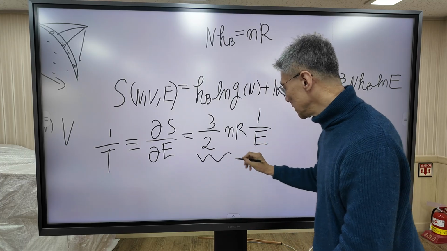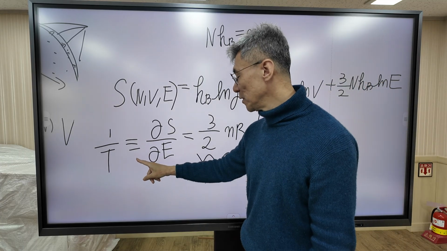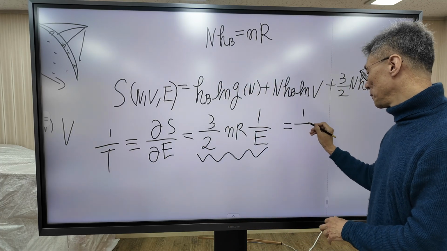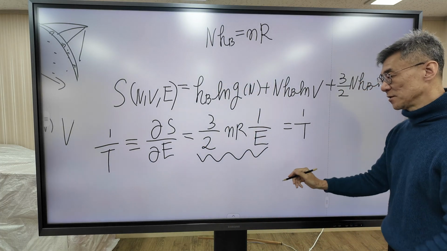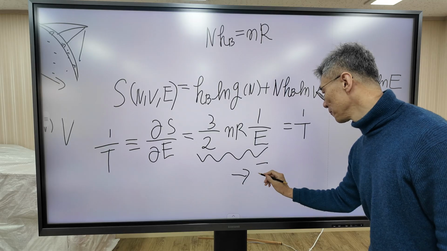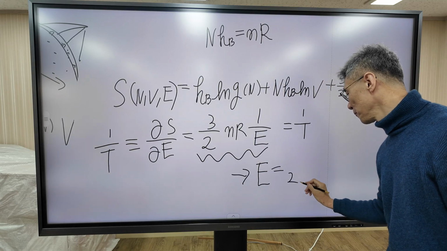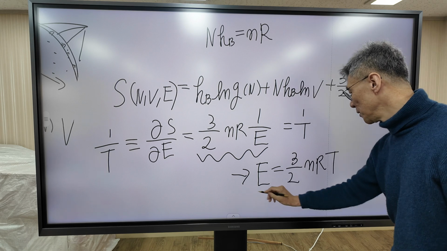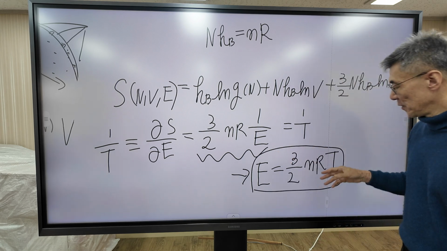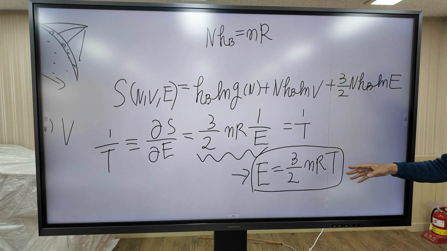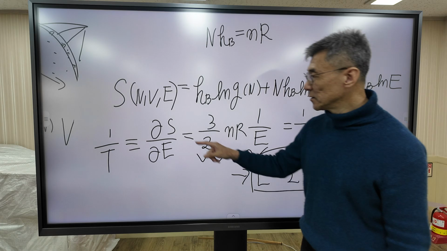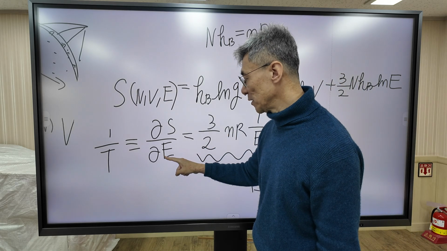But this one is, according to the definition of statistical mechanics, 1 over T. So when you rearrange this equation, you obtain the formula. You may be familiar with this formula. This one generally appears when you follow Boltzmann's definition. And this time we take a derivative with respect to E.